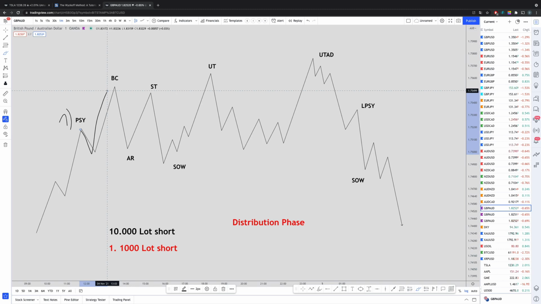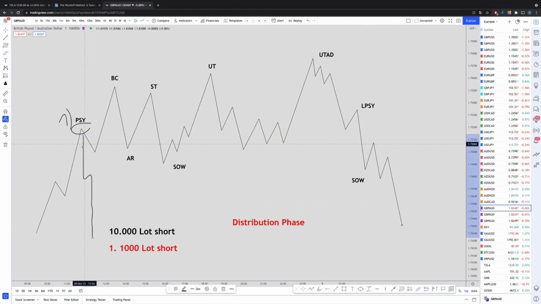Do you think this is good for the institution, or is this bad for the institution? It's a good question, right? This is very good for the institution. Why? Well, if the market doesn't have enough liquidity at this point, where the bank puts 1,000 lots into shorts, and the market from here does not go up higher after a quick reaction, then it means there is not enough liquidity, which means the price will then drop like this.